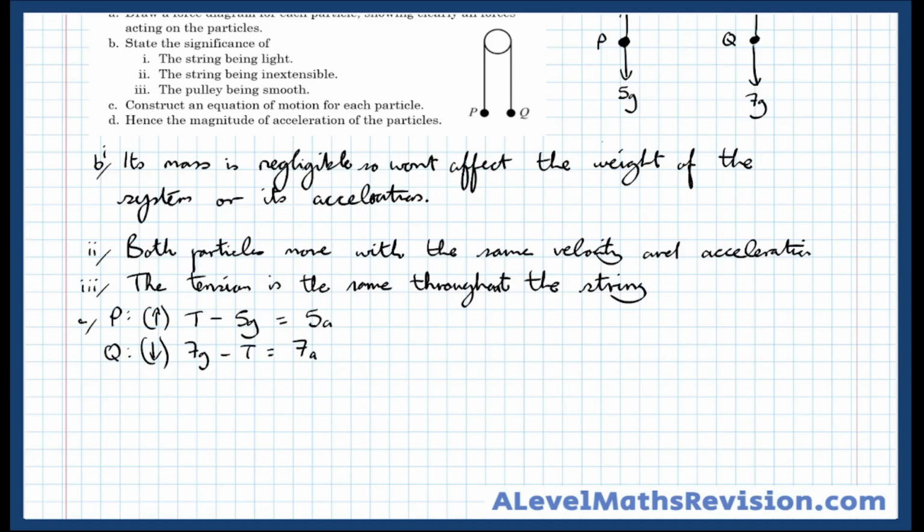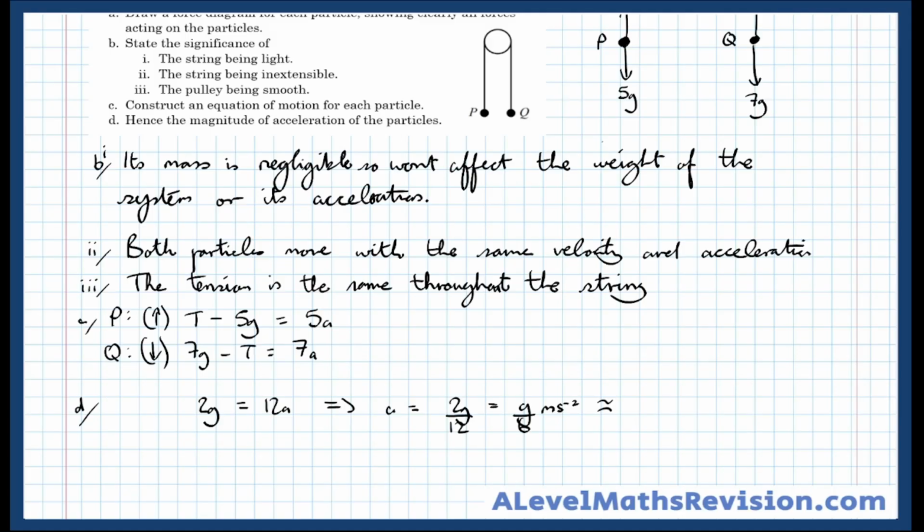So part D, hence find the magnitude of the acceleration of the particles. So we learnt in the horizontally connected particles that if we consider the direction of motion to be positive in each case, then if we add the equations together, tension's eliminated. So let's add the left-hand sides of these equations together to get 7g minus 5g, which is 2g, and add the right-hand sides of the equation together to get 12a, which means that a equals 2g over 12 equals g over 6 meters per second squared.